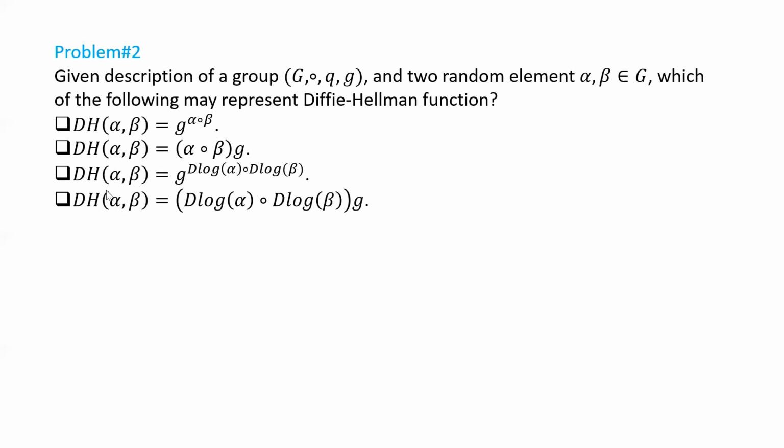If alpha is a group element, then it is some power of the generator g. So let's say alpha is g to the power a and beta is g to the power b. The Diffie-Hellman function computes g to the power ab, right? Or in other words, the Diffie-Hellman function computes g to the power discrete log of a into discrete log of b. So the third option is clearly correct.